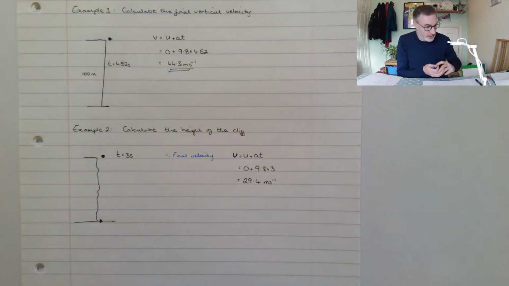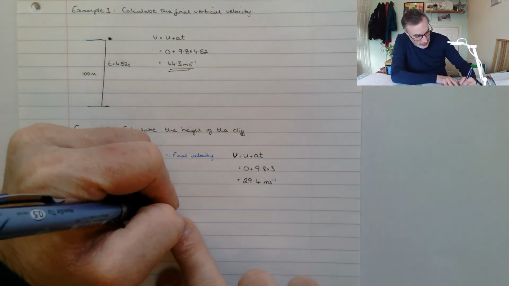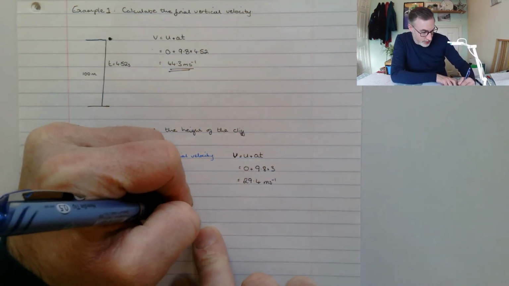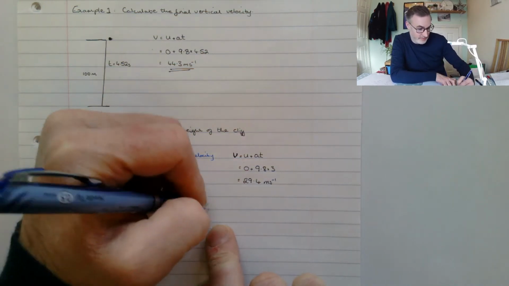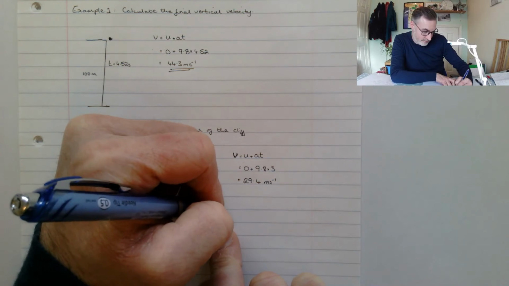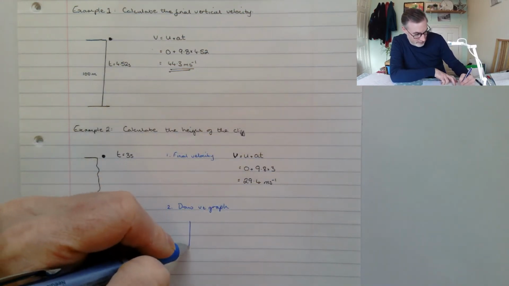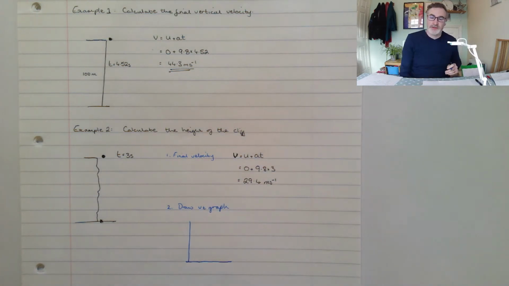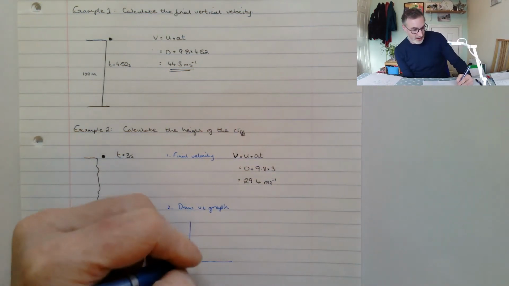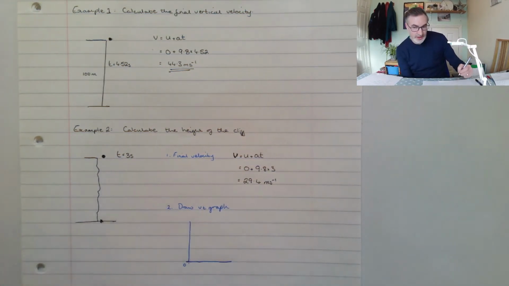What we now need to do is, number 2, draw a VT graph. Now you don't need to do a fancy graph, a very, very quick sketch. Just scribble it out.